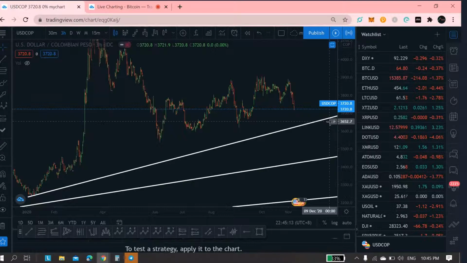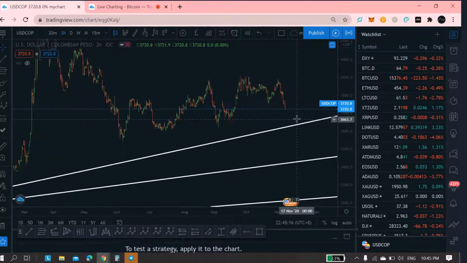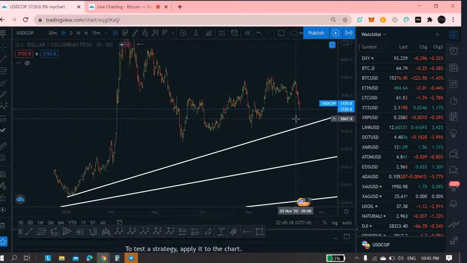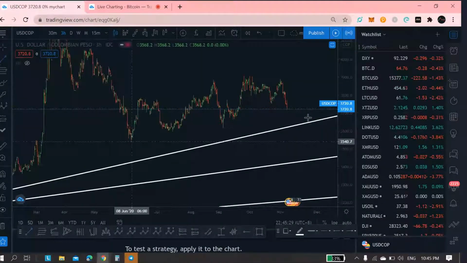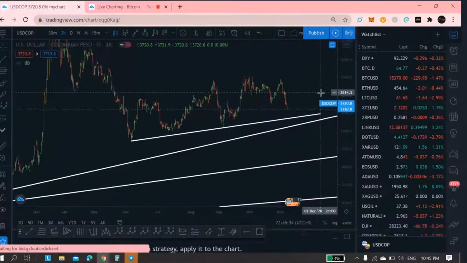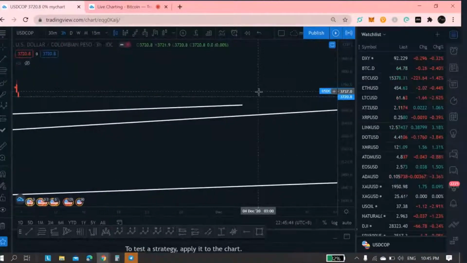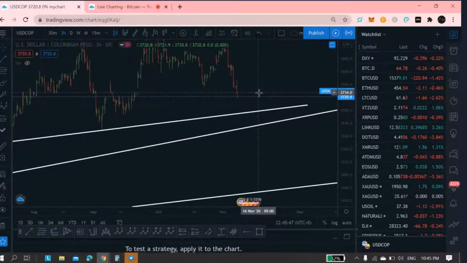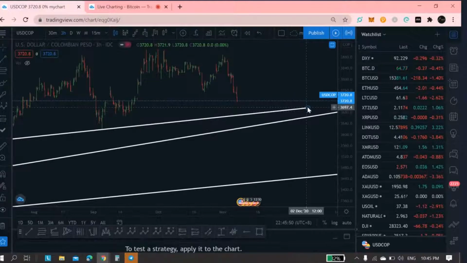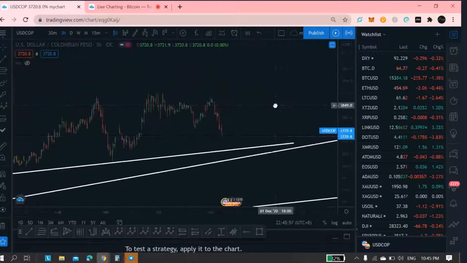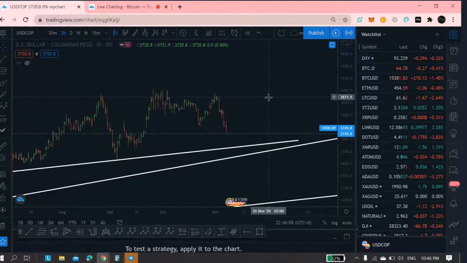So anyway, let's get back. Using the 3 hours time frame, actually still trending lower.